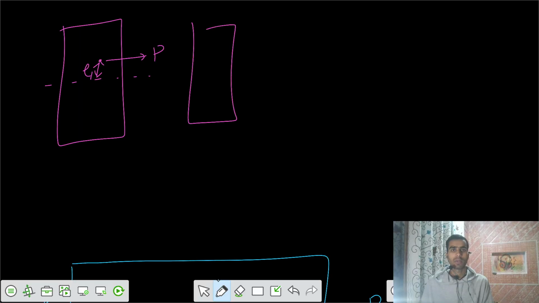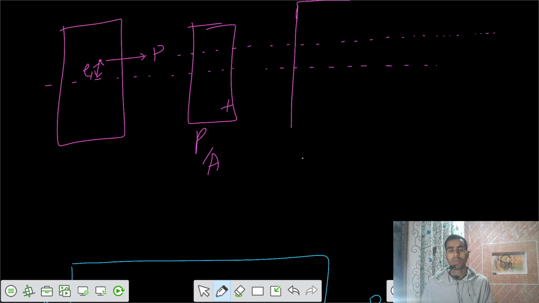Let's have a general perspective that at this location we have to calculate stresses at the level of steel wires. So this is P by A. Then after that there is sagging moment because of that PE. So top compressive, bottom tensile, and at this location we have to calculate this value.